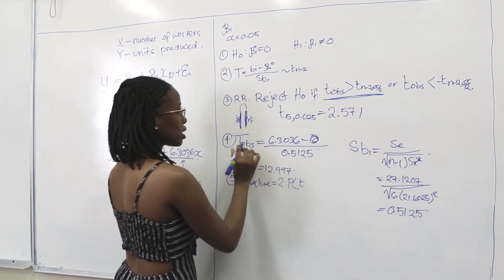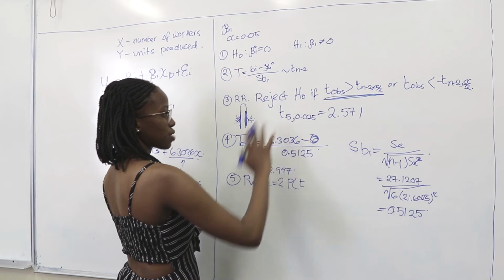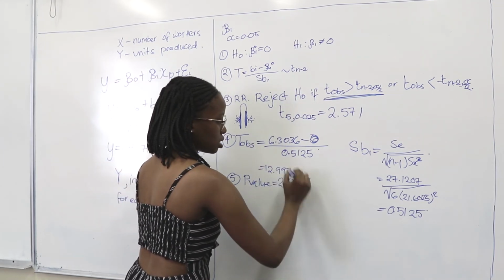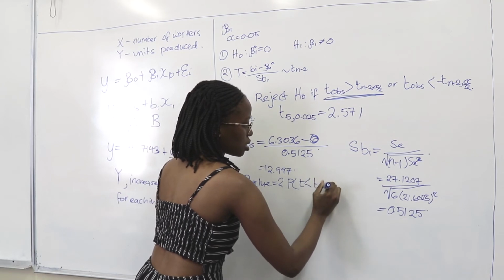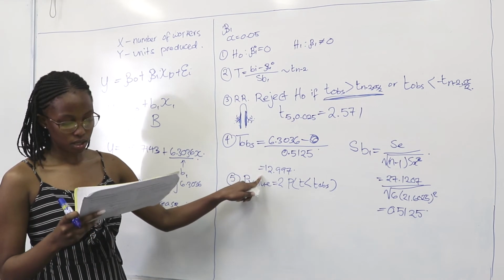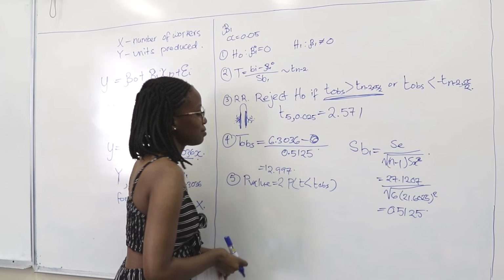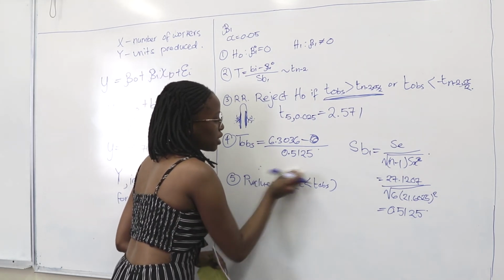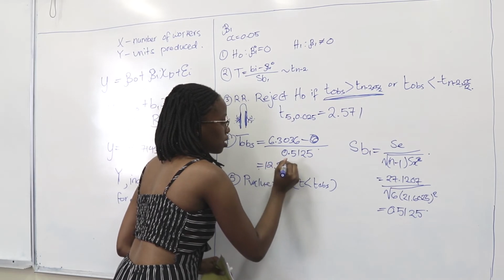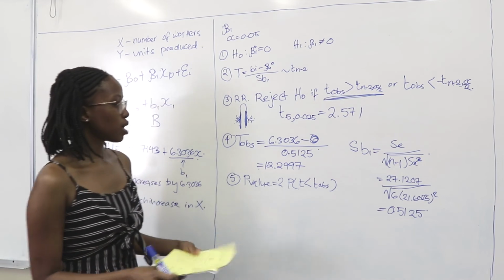But since what we got here is a positive, we're going to focus on this. So since here we said T observed is greater, we're now going to say that T observed is less than T. Simi, for your observed value, I think it's supposed to be 12.2997. Okay, sorry, yeah. 12.2997. Like that? Yeah. Okay, thank you for that.